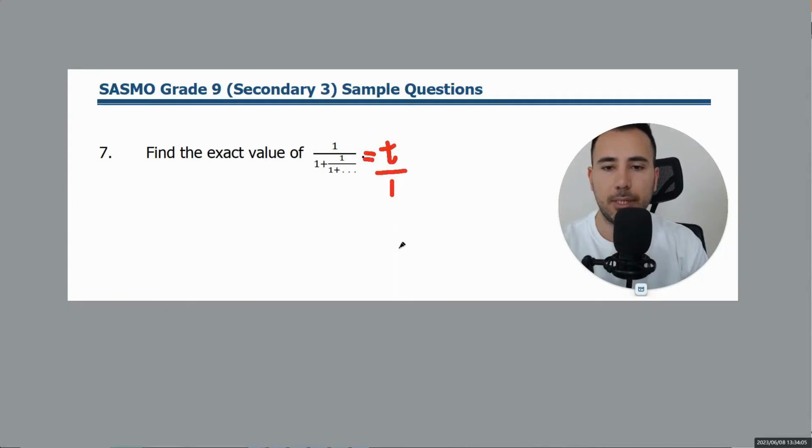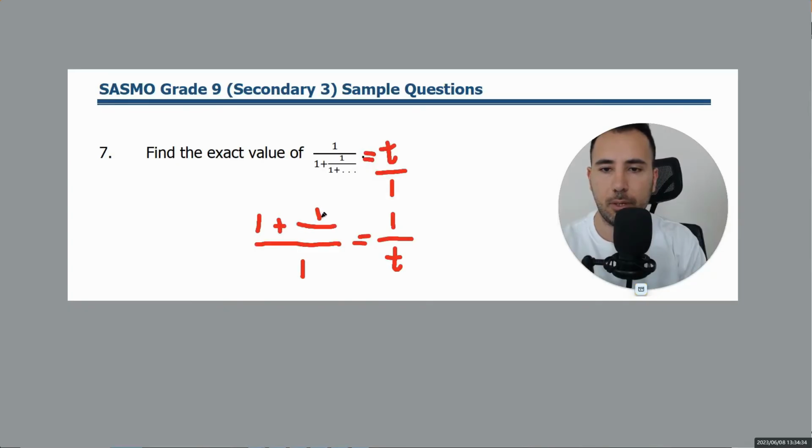And now I'm going to make the reciprocal. 1 goes up, t goes down. Let's do the same thing for this side. 1 was up, it will go down. This one, 1 plus, the same thing. I'm going to write it like this.